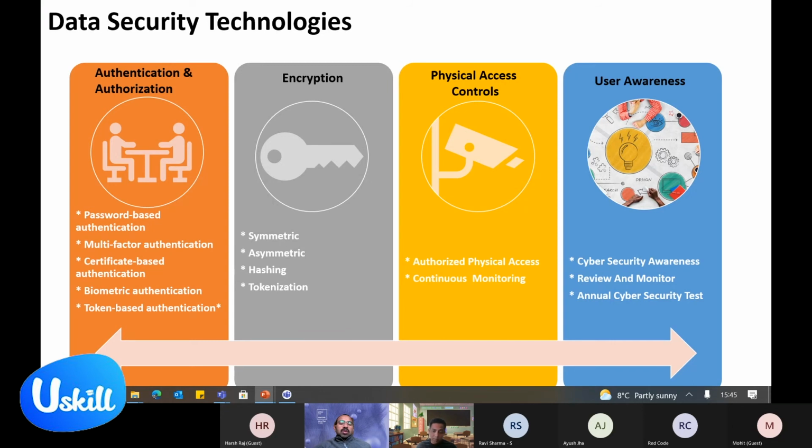People are always confused between authentication and authorization, so I just want to clear that up. Suppose you have an ID card of your company that you swipe on the door, and it denies or allows you to enter. That's your authentication process.